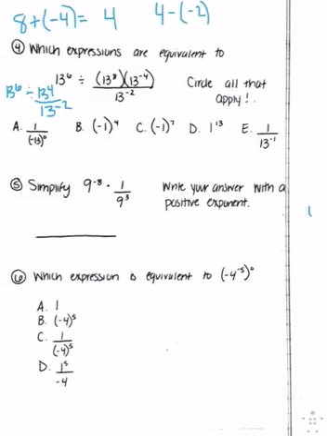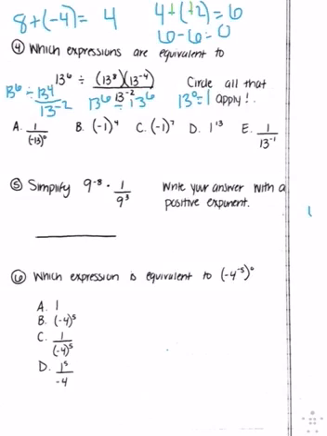So I keep the 4, I change subtraction to addition, I change a negative 2 to a positive 2. 4 plus 2 is 6. My new problem becomes 13 to the 6th divided by 13 to the 6th. We're dividing again, so I'm going to subtract my exponents, 6 minus 6, and get 0. My answer is 13 to the 0 power, which is 1.